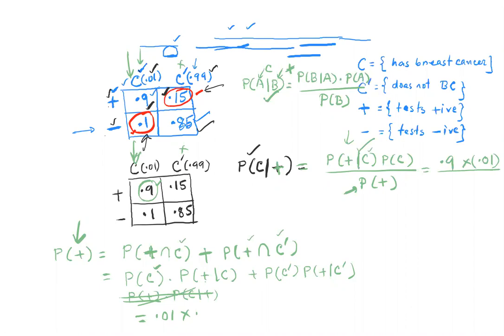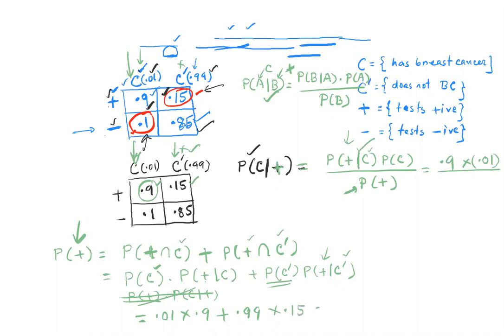So 0.9 plus the probability of not having cancer, or C prime, is 0.99 times the probability of testing positive given that someone does not have cancer. That means you're restricting yourself to the second column, which is 15%, so it's going to be 0.15.